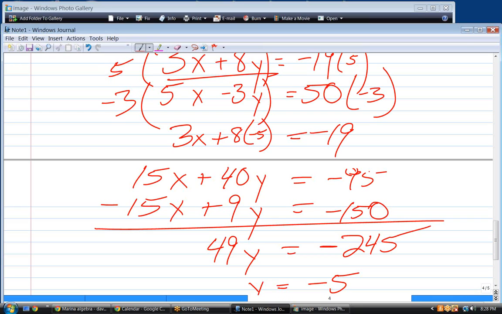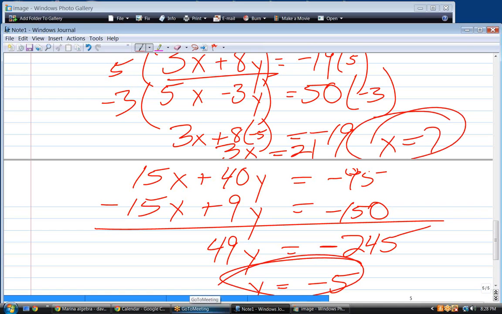You don't need to use the one that you multiplied by 5. So this is 3x plus or minus 40, so I'm going to add 40 to both sides, so I get 3x equals 21, x equals 7. So x equals 7, y equals minus 5.